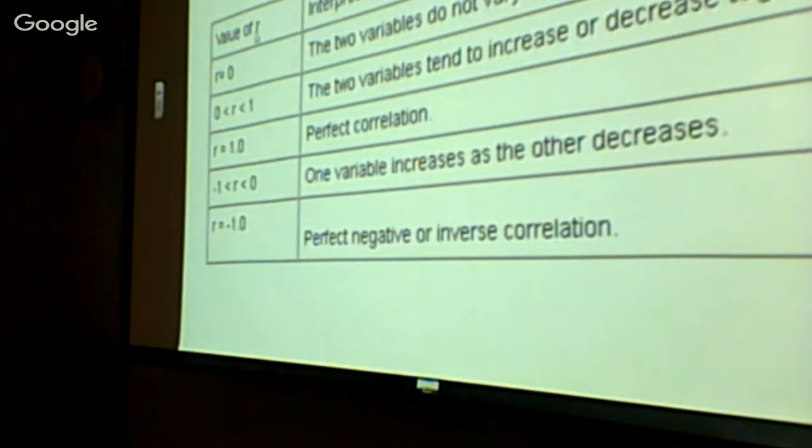So if our rho, that's a rho, not an R, is 0, then they don't vary together at all. The relationship between the 2 variables doesn't appear to be anything. If it's between 0 and 1, then they're increasing together. If it's between -1 and 0, then they're decreasing. Well, one's decreasing and the other one increases. Okay? And if it's exactly 1 or -1, there's perfect correlation.